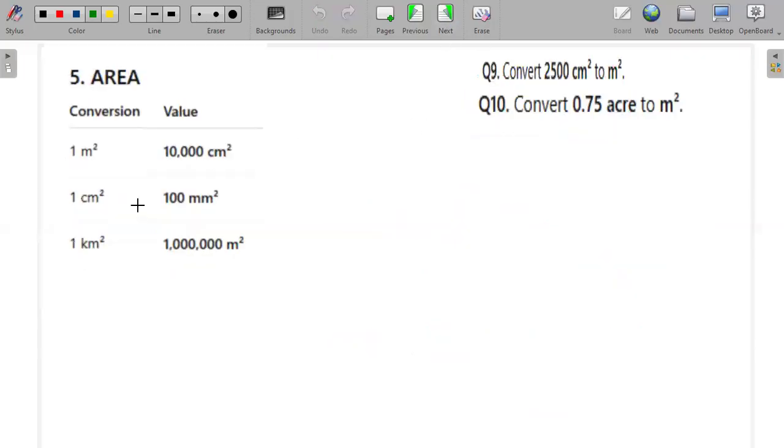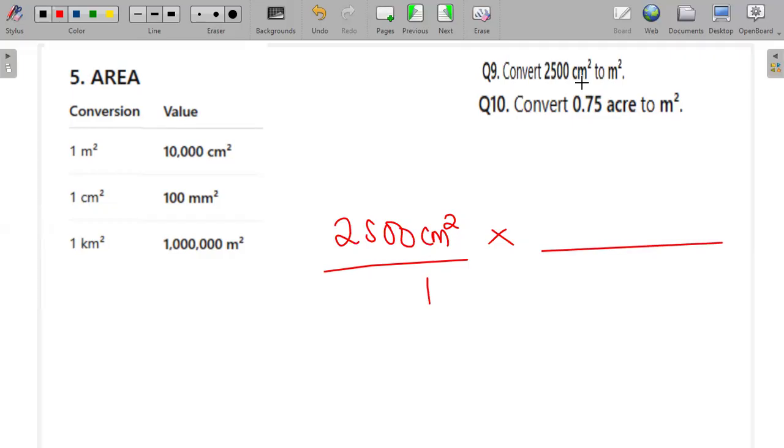Okay, what about area? For area you must know the following conversion factors. These ones that I've written down here. And the others, we are going to be learning them as we revise through the test papers, the quiz papers, and the tutorial sheets. So this first one, they're saying convert 2,500 squared centimeters to what? To squared meters. So the conversion factor between squared centimeter and squared meter is what? Is this guy here.